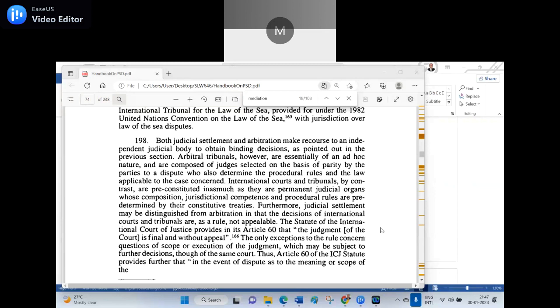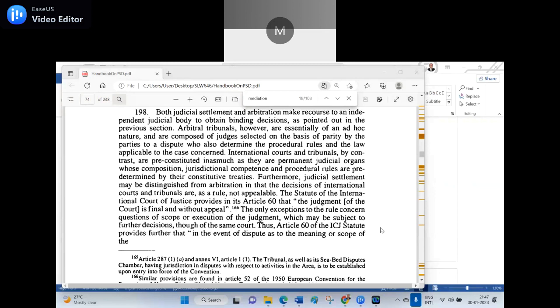That is the decision given. I don't know whether you studied that case law or not.